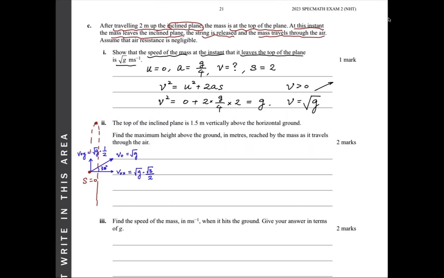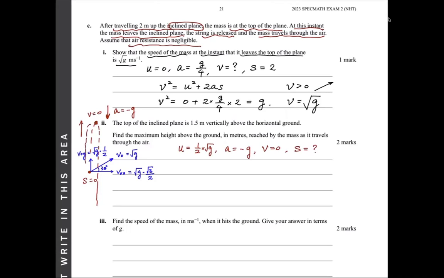So if we just look at the vertical direction, u equals half times root g. If air resistance is negligible throughout the process, the acceleration should be minus g, okay? a equals minus g. v equals 0, momentarily at its maximum height. s is unknown.